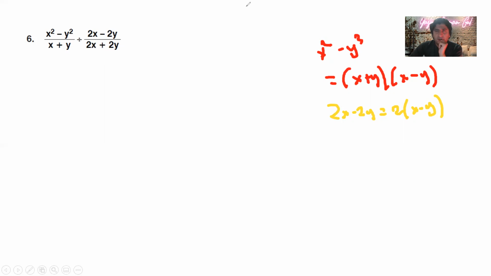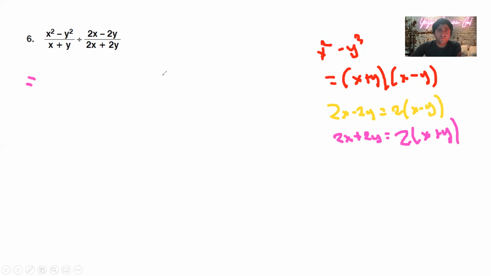Because on top I have 2x minus 2y, here I have 2x plus 2y, which equals 2 times x plus y. Then here I have x plus y, so there is no rule there. Now I'm going to rewrite this whole thing, but I also need to flip this, because 2x plus 2y must go up and 2x minus 2y must come down.